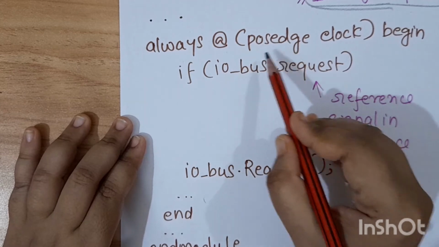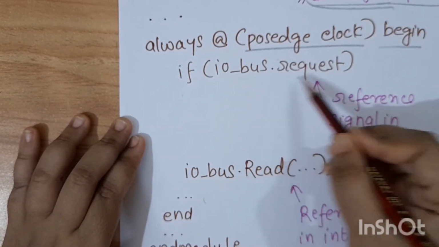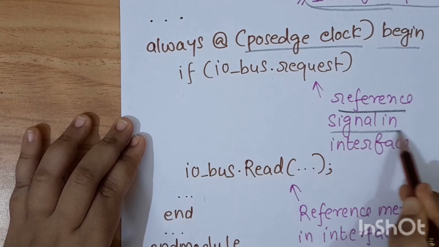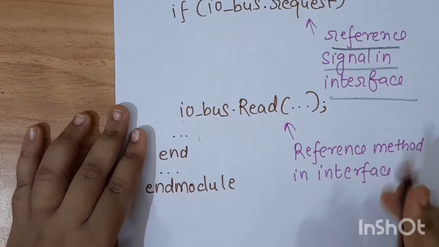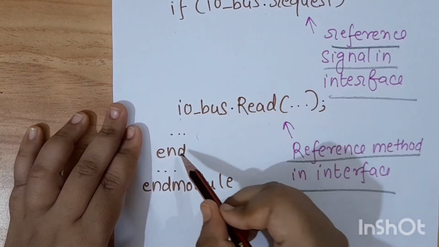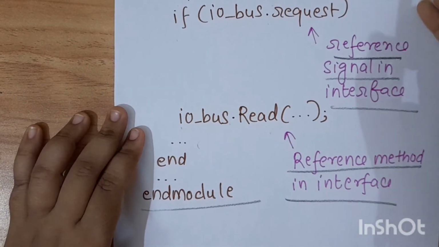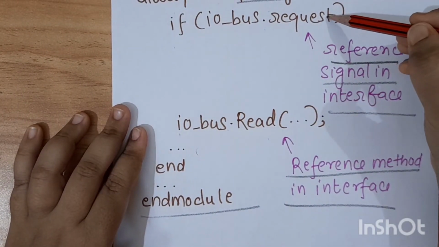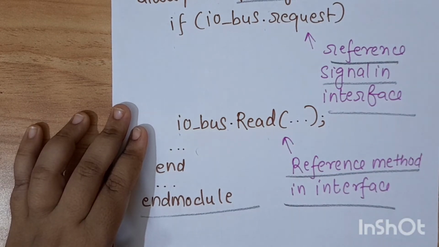Always at posedge of the clock begin, if IO bus dot request, which references the signal in the interface, IO bus dot read, which references the method in the interface, begin, end, end module. So this is how we are referencing request and read. Request is the signal, read is the method which is available in the interface bus.